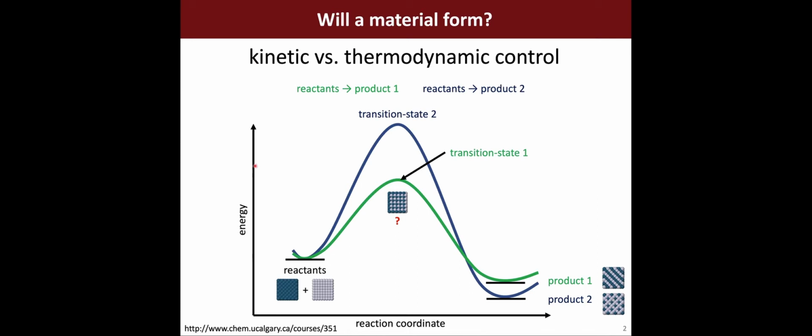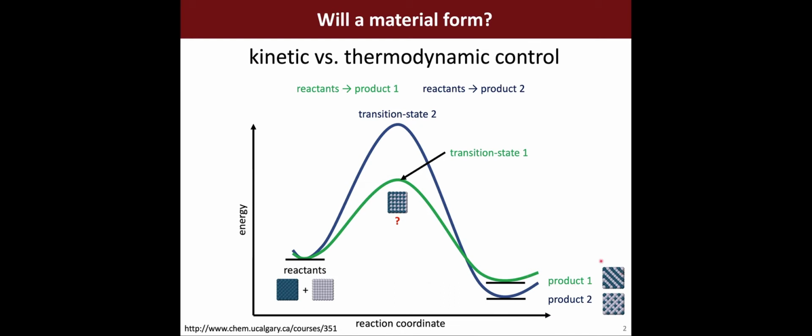Okay, so here we have a plot of a reaction. We have two reactants. You see here that we have a pure phase of blue atoms, and then we have a pure phase of white atoms here. And we can follow the energetics of the reaction. Okay, so there's a transition state in the middle here. And then we see the energy of the products.